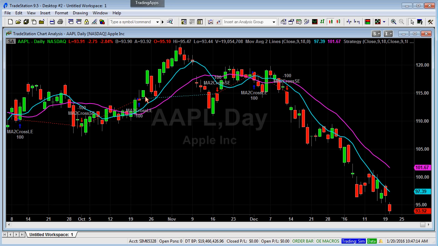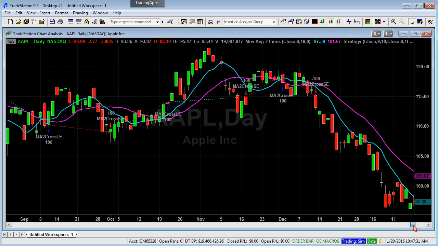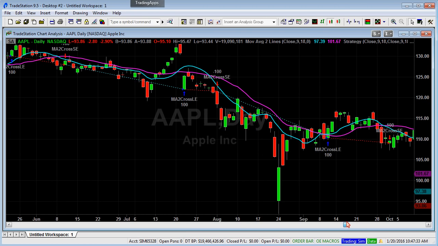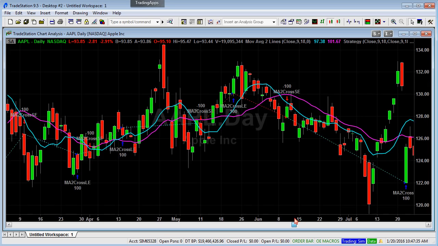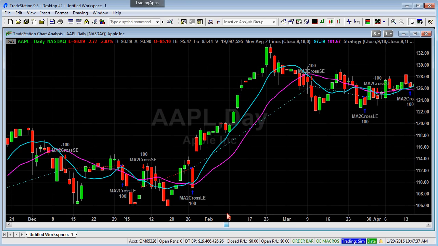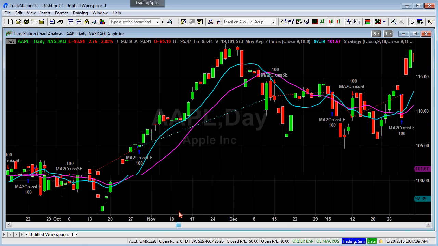And there's a dotted line connecting the entries, showing you if it's a profitable trade or a losing trade. Whenever you see a cyan line or a cyan dotted line, that's a profitable trade. But then I see a dotted red line, which is a losing trade. But historically, I can see every single trade that was generated by the strategy using those rules.